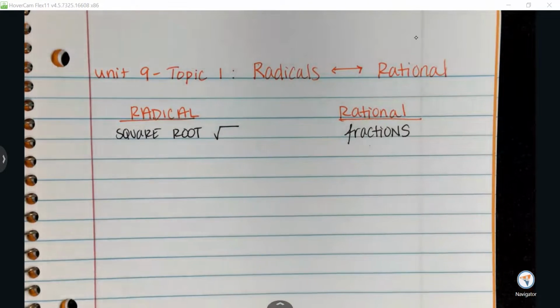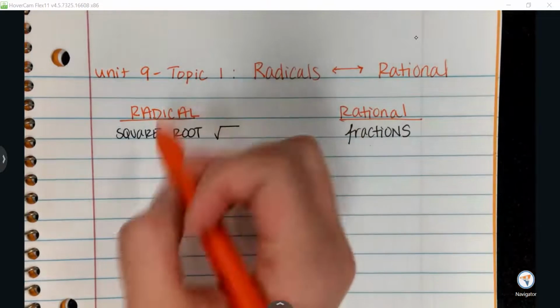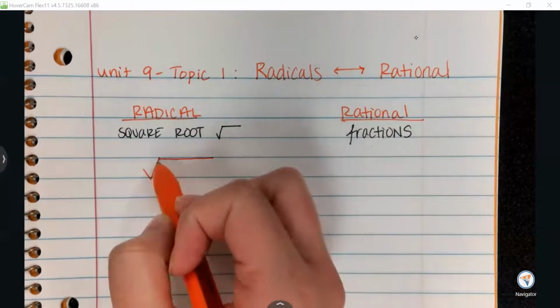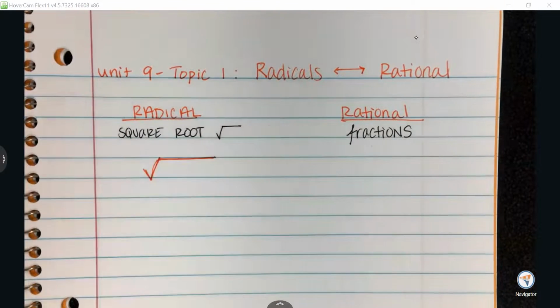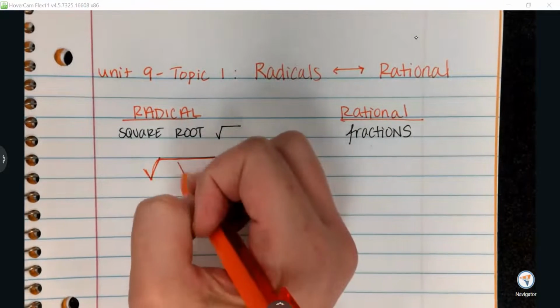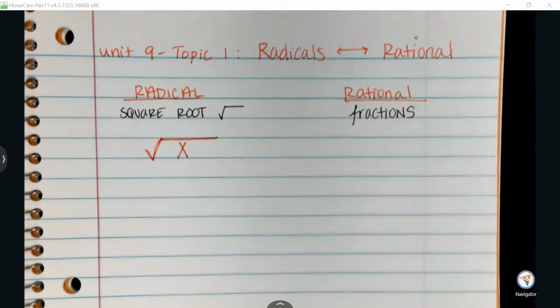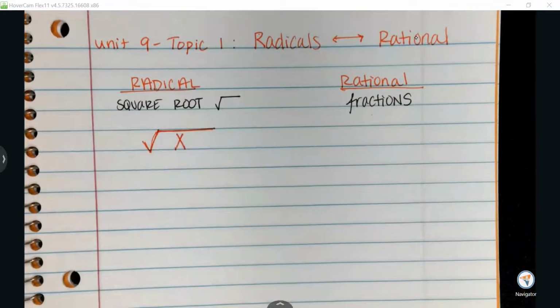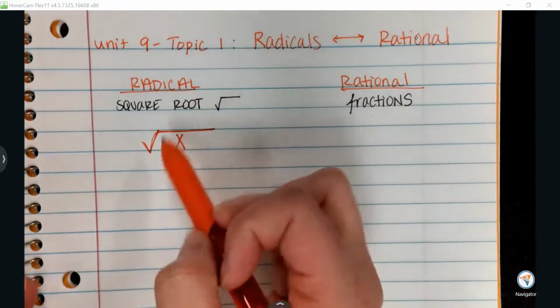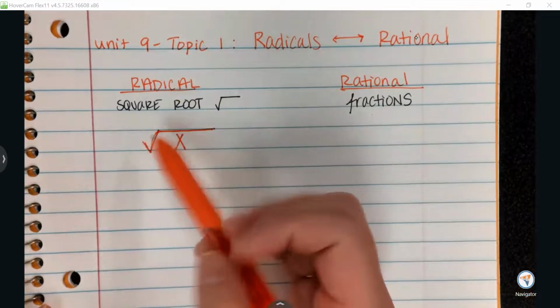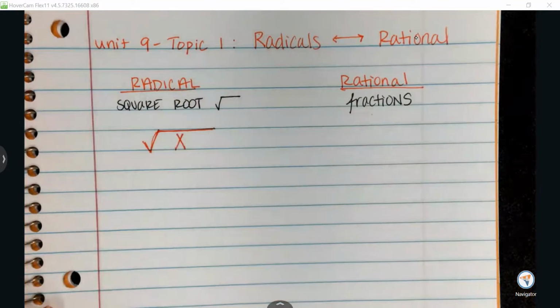So when I have a radical, we're going to draw it kind of big so that we can look inside and see everything we need. And we have a letter inside, like an X. Then there's two things you need to know. Normally, there is no number right here because when you take a square root, how many of the same number do you have to have? 2.